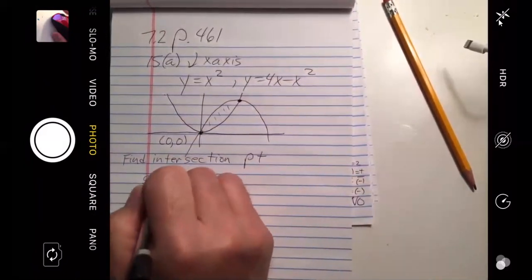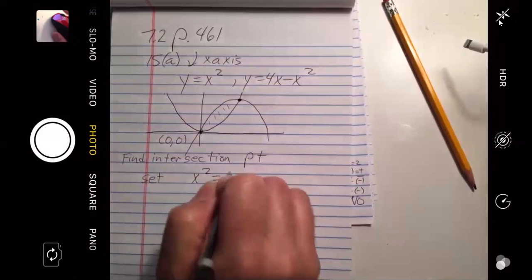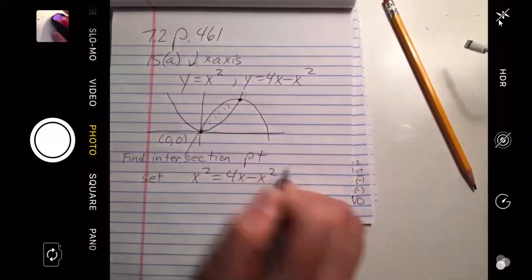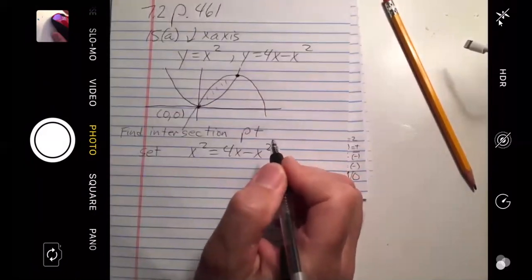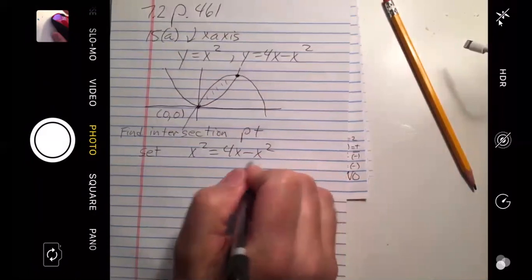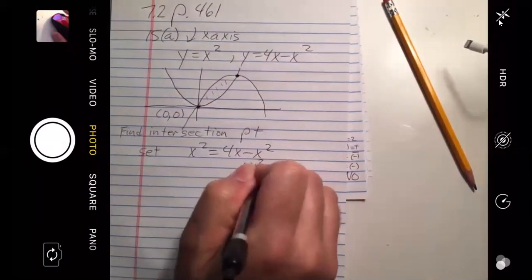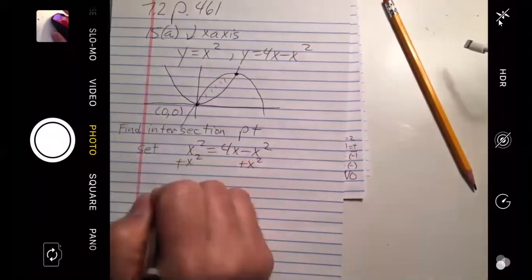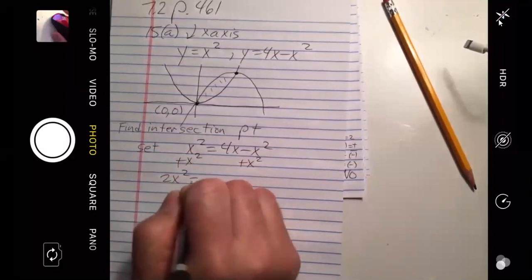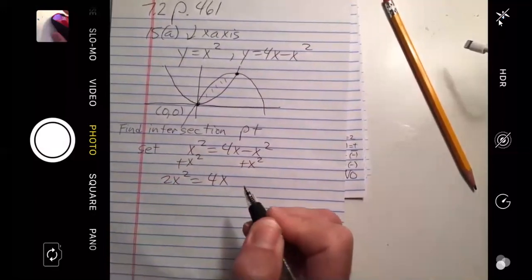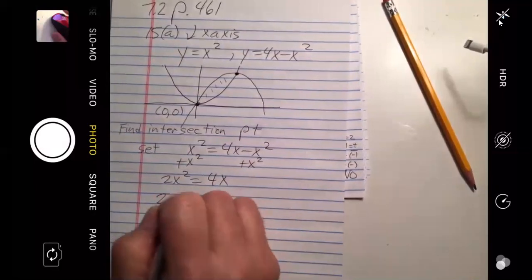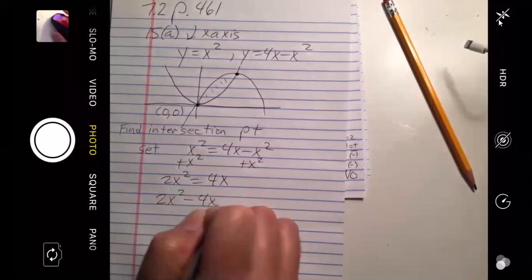Set your x squared equal to 4x minus x squared. Add the x squared over. 2x squared equals 4x. 2x squared subtract 4x would equal 0.